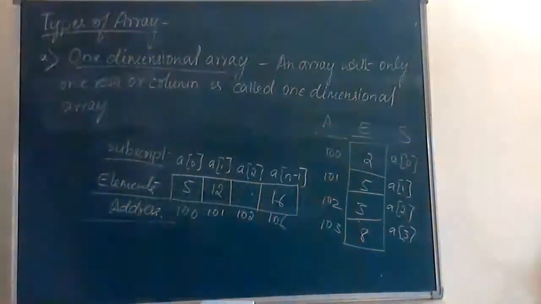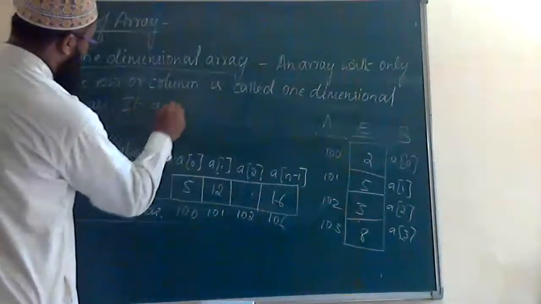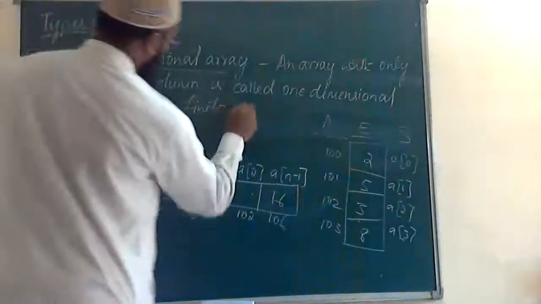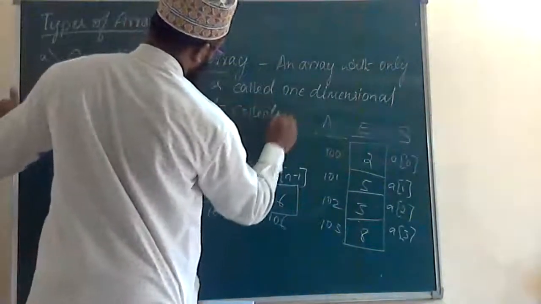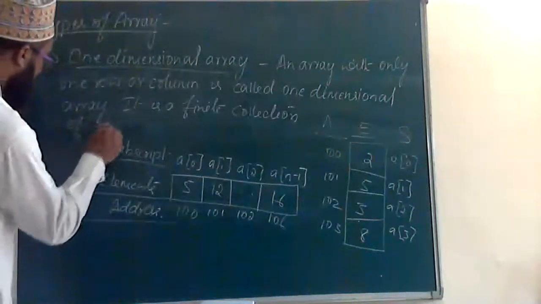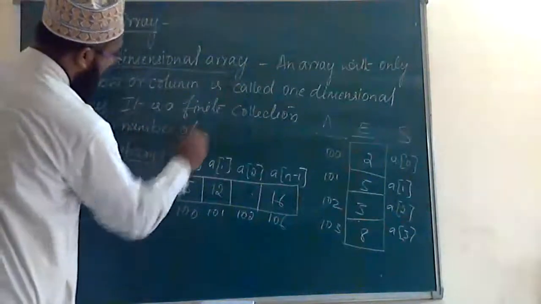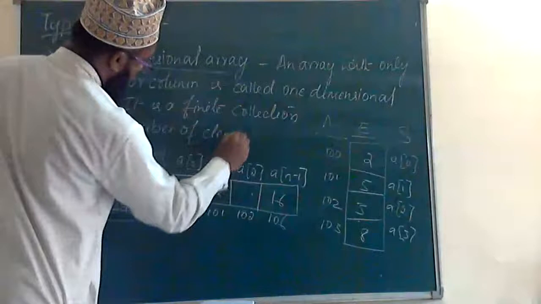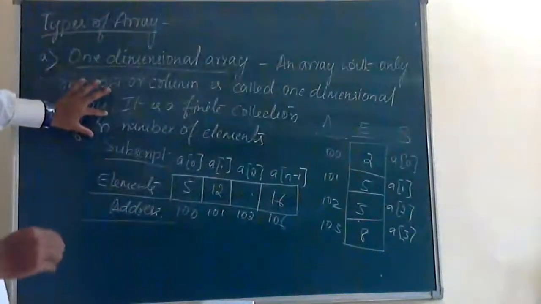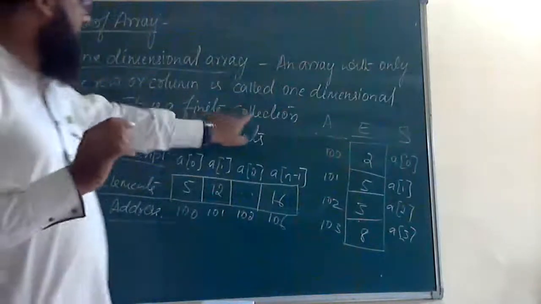It can also be represented as a finite collection of n number of elements. N number of elements means it may be any number of elements, but it should be a finite collection.